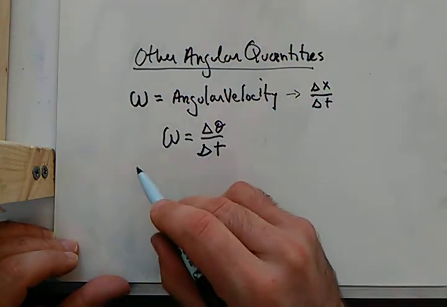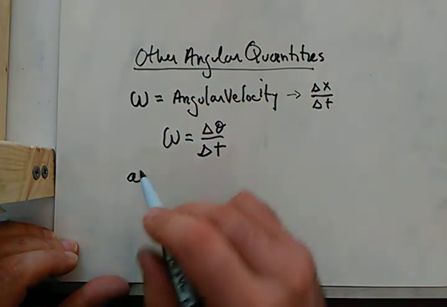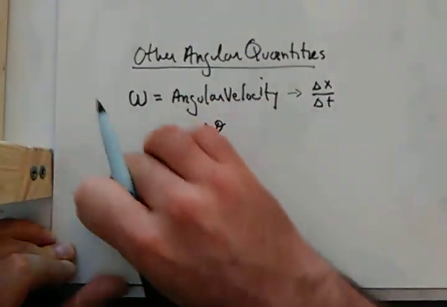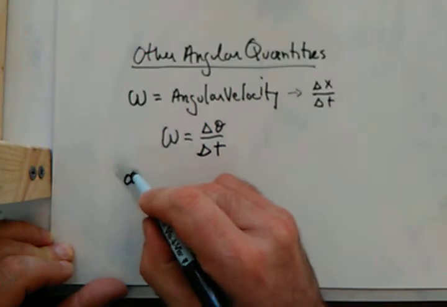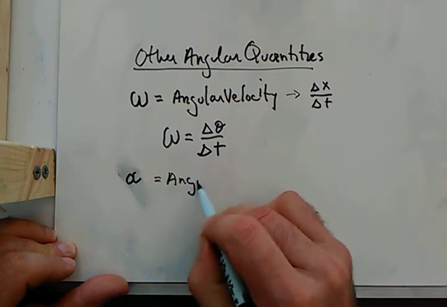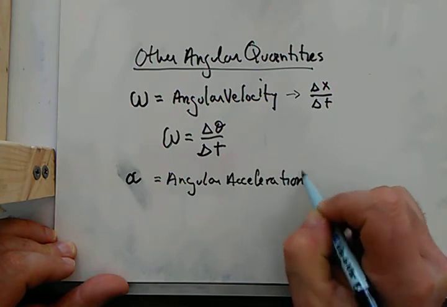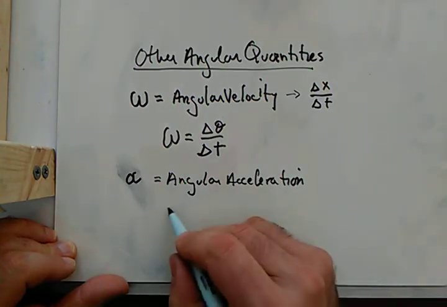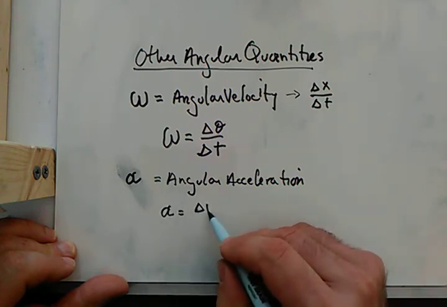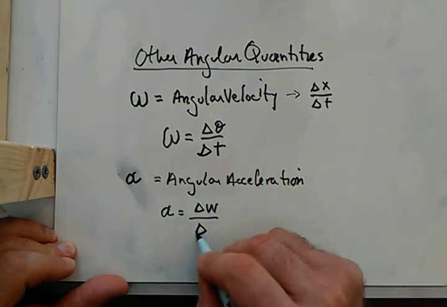And the other quantity is something called angular acceleration. It's an alpha, I always had trouble drawing that. That's written as the angular velocity over the time.